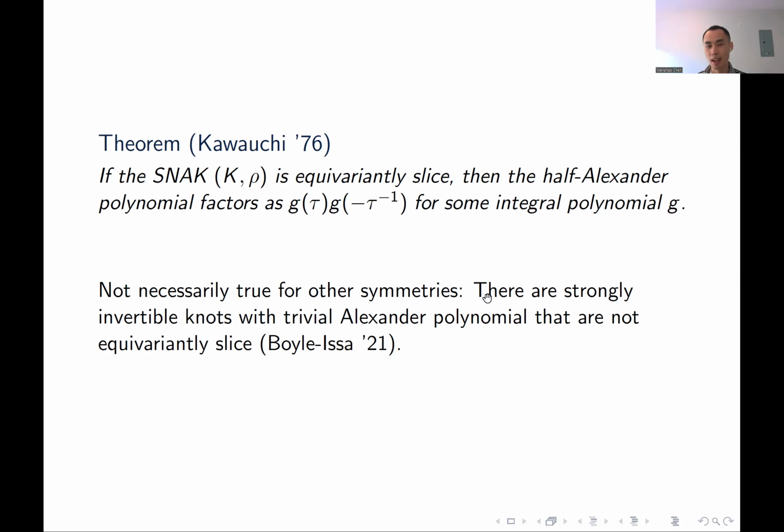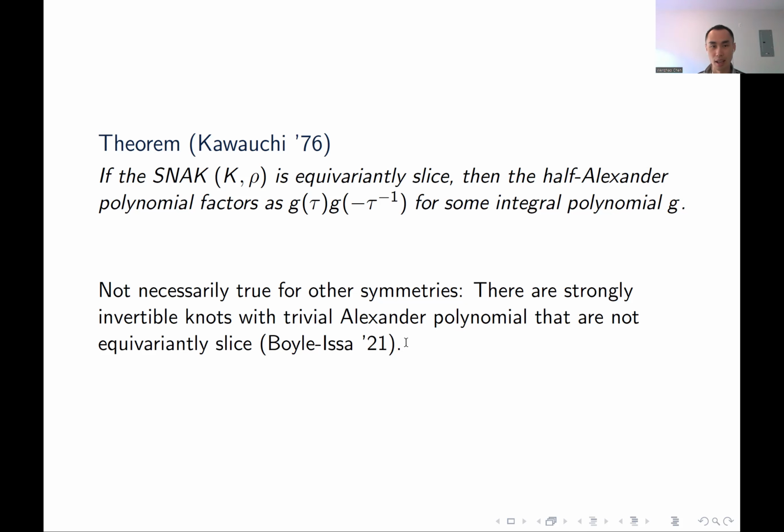For example, there are strongly invertible knots that have trivial Alexander polynomial but are not equivariantly slice. So somehow the existence of the half-Alexander polynomial is a key thing in the background for why one can hope to prove a version of Freedman's theorem in this context.